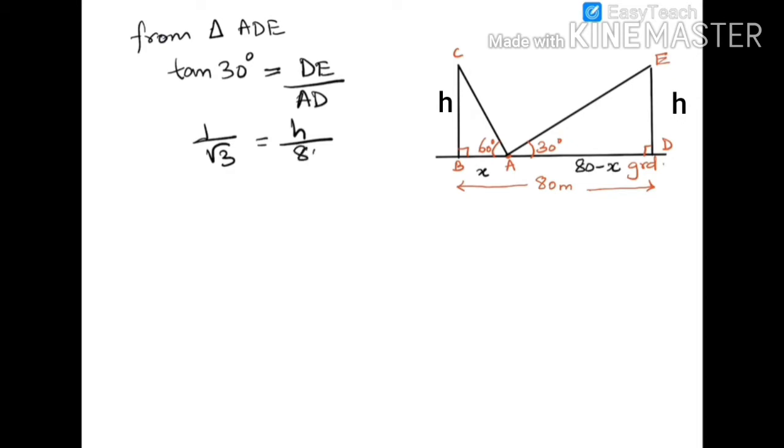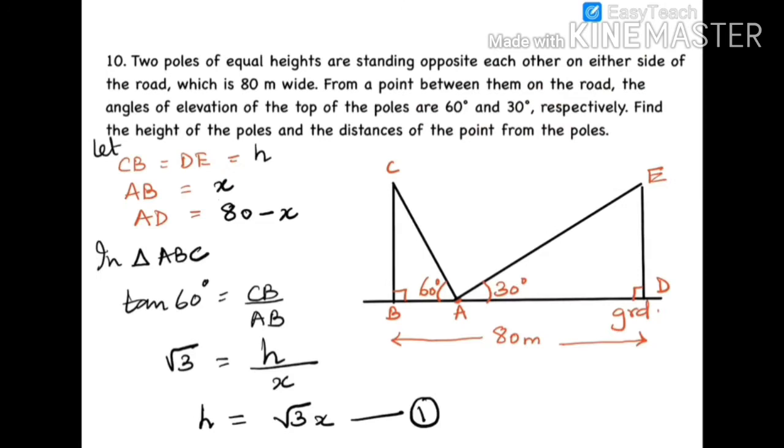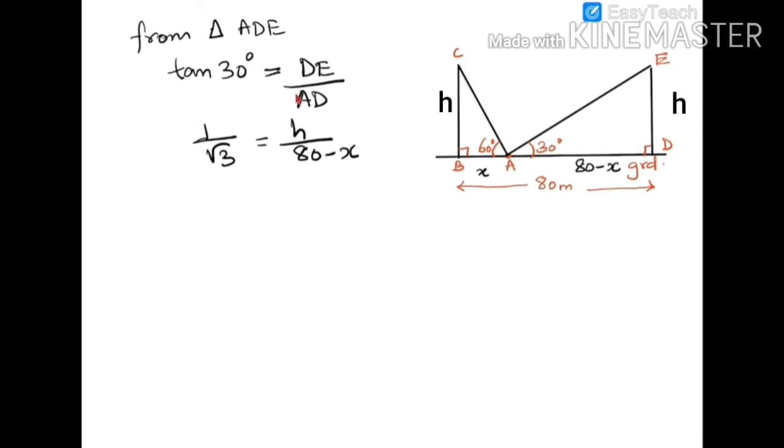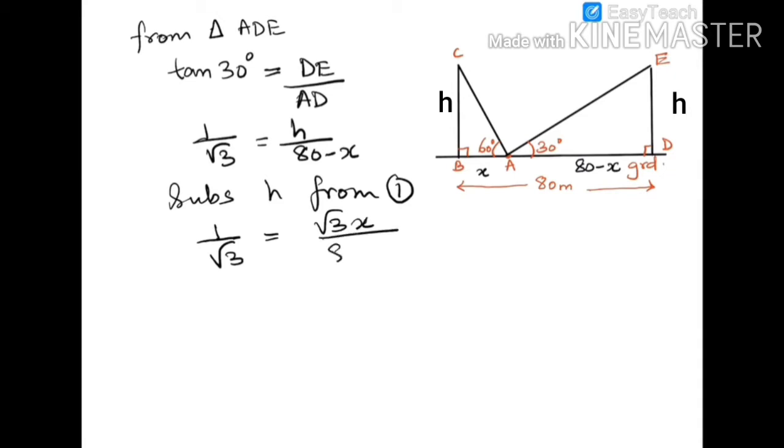Now we can use the result that we had obtained earlier, H is equal to root 3x, and substitute over here in place of H. So we get 1 upon root 3 equal to root 3x divided by 80 minus x.